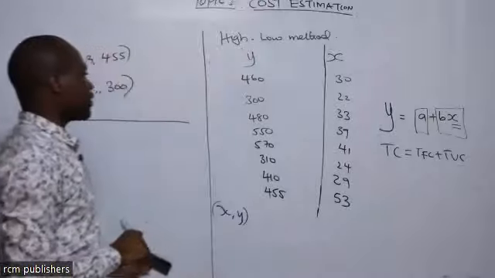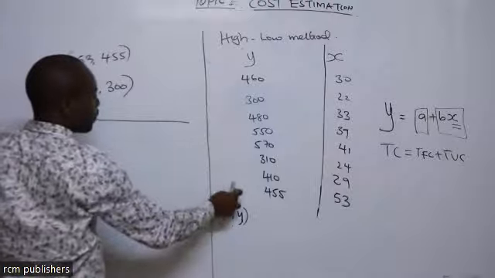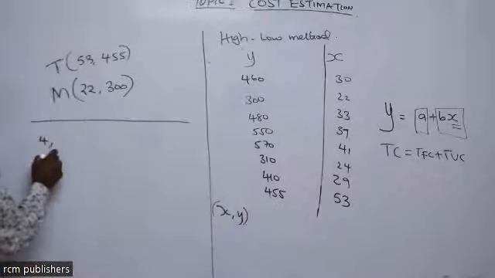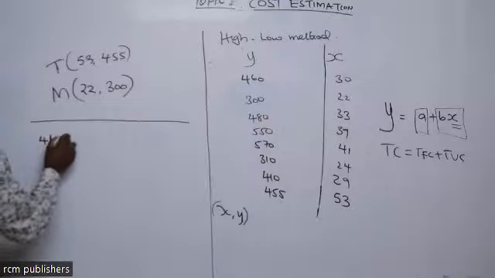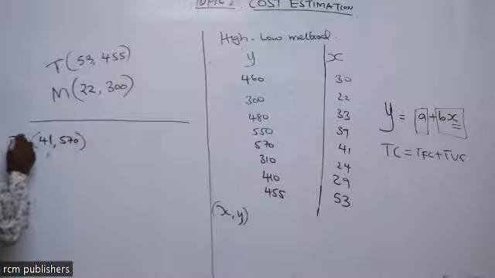Another person will say, okay, the highest value in this place here is 570. So they take 41, comma 570. They call it T, that is the highest.